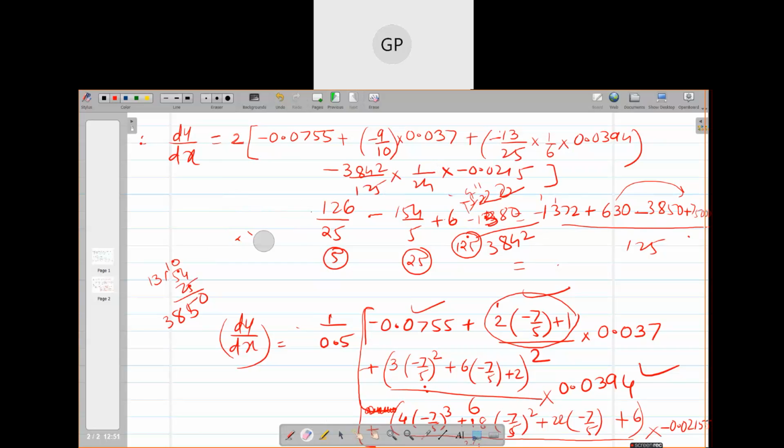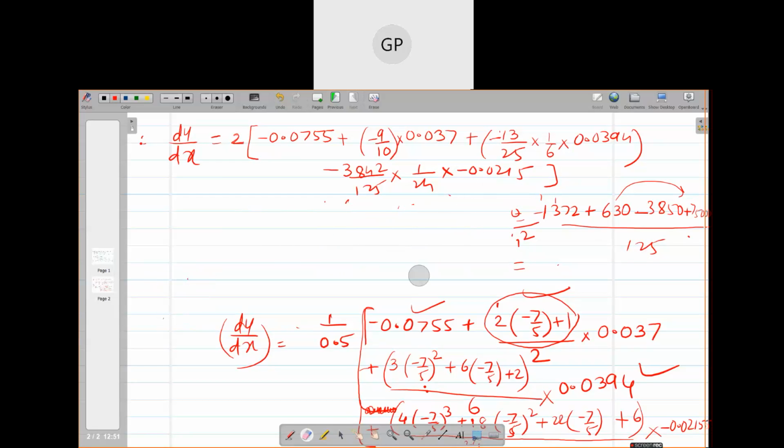Okay, I have simplified it a lot. Now please do this calculation and tell me the final answer.